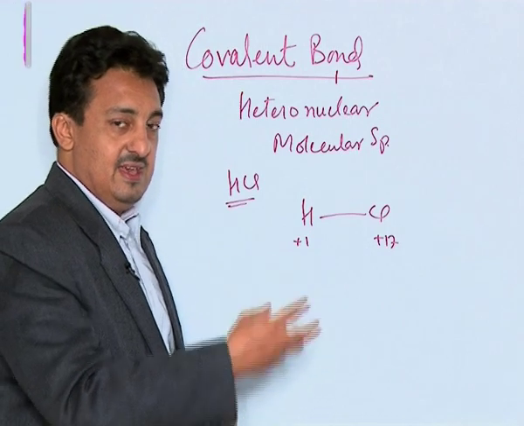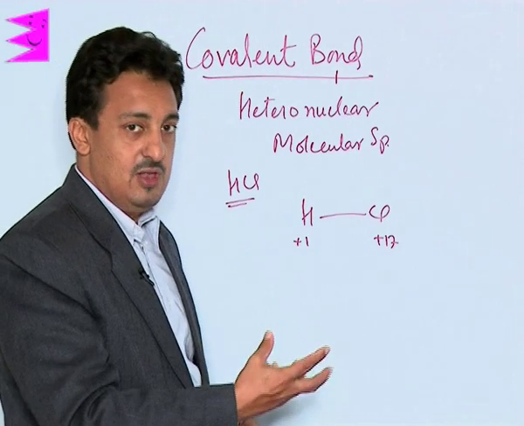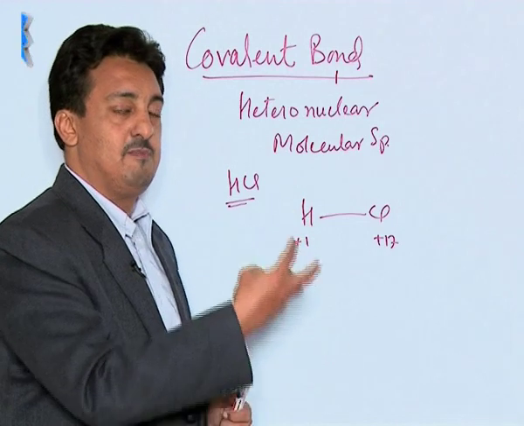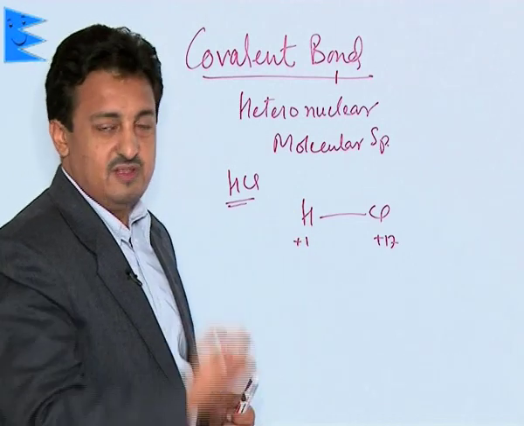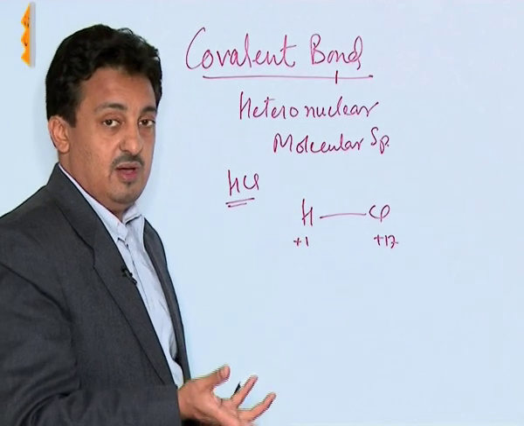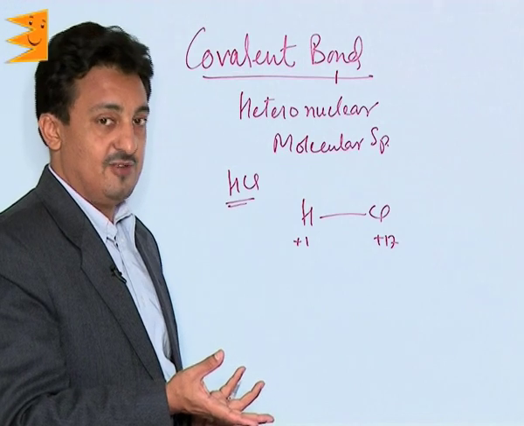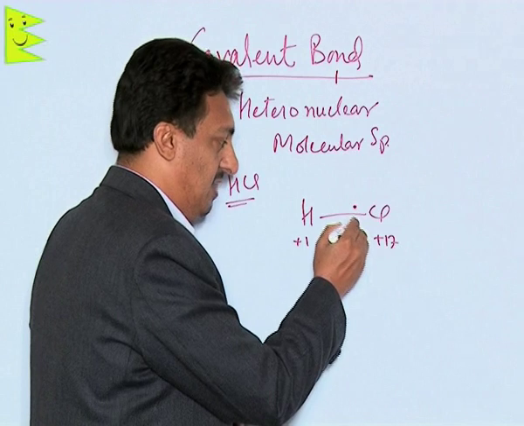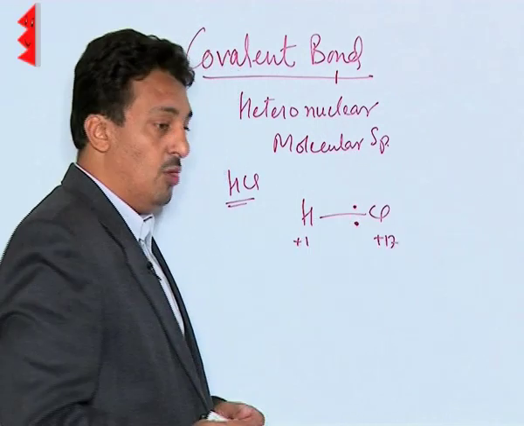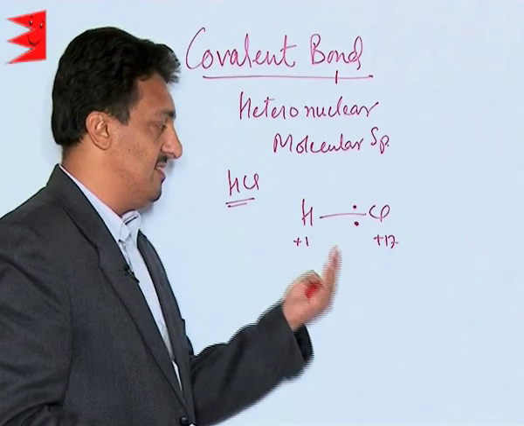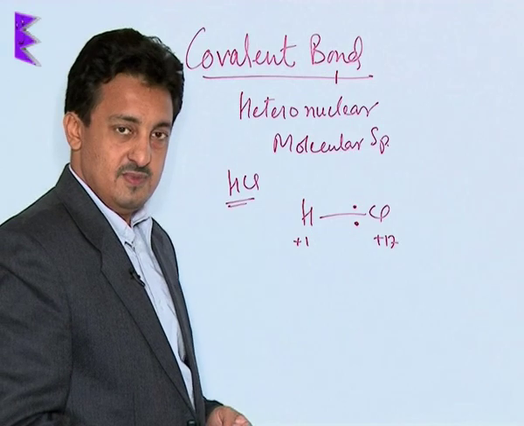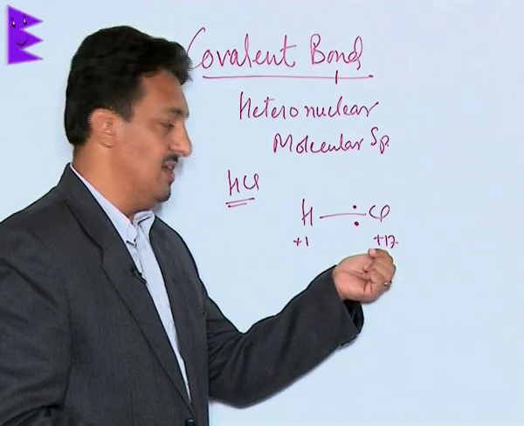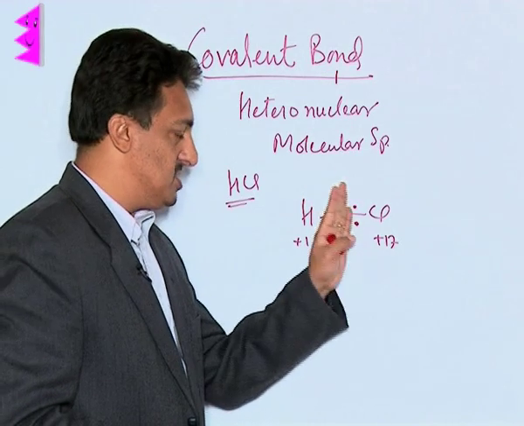The atom having a higher nuclear pull will attract the shared pair of electrons with a greater force towards itself due to its another property, which is very high, called electronegativity. As a result, the shared pair of electrons will be more towards the more electronegative atom, or the atom having higher nuclear pull. Like here hydrogen has +1, chlorine has +17.